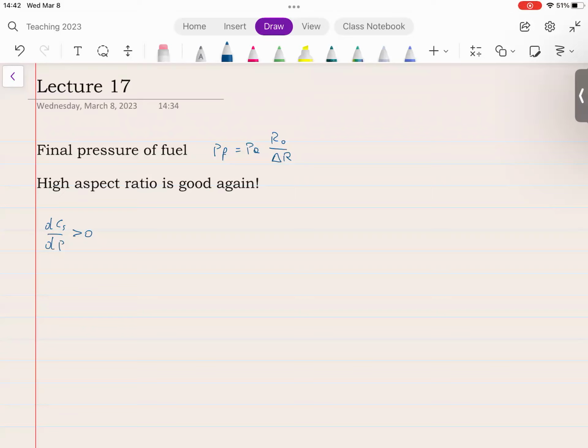In practice, what happens is that high pressure disturbances catch up with low pressure disturbances. And therefore, the pressure piles up and the compression wave steepens into a shock front. That's the very dirty, hand-wavy explanation of why we end up with a shock.